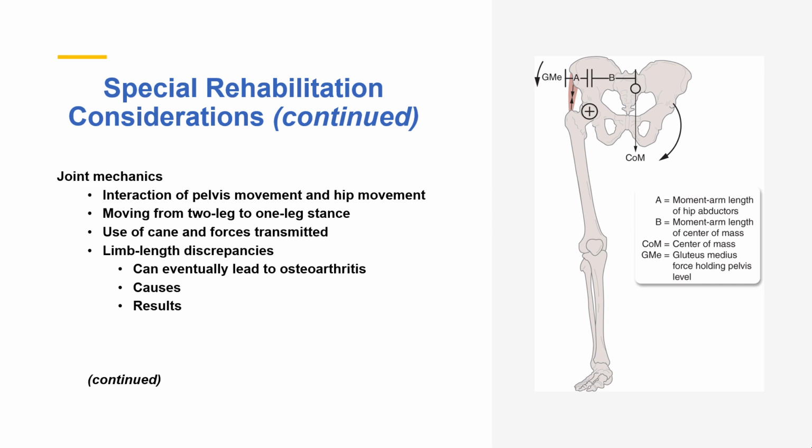Notably, a cane or crutches can be used on the side opposite the weakness. What this does is it allows for an upward force to be transmitted through the cane or the crutch to offset the gravitational force on the same side.